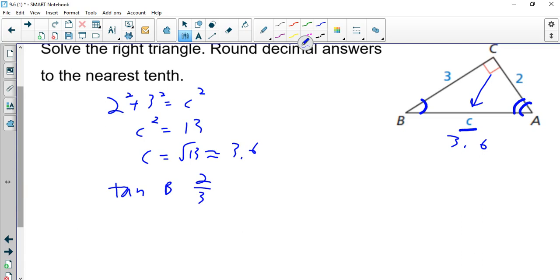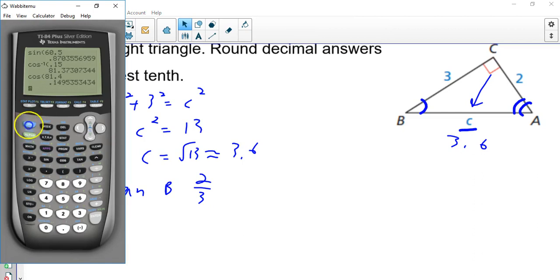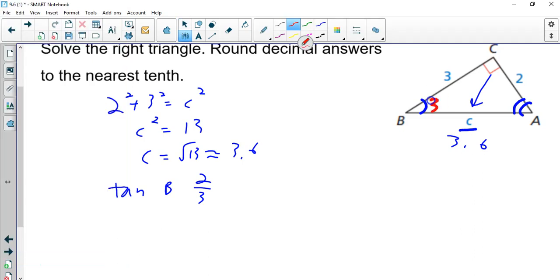Now I'm going to use my calculator and do the inverse tangent. So second tan, 2 divided by 3, 33.69 or 33.7. So this is 33.7 degrees.